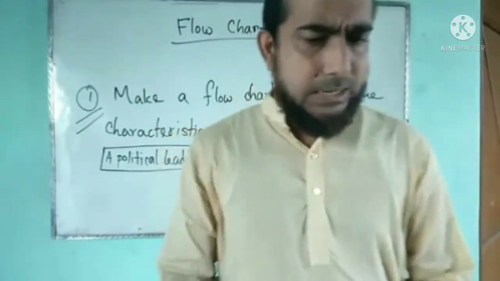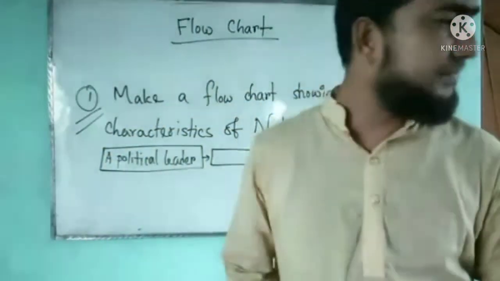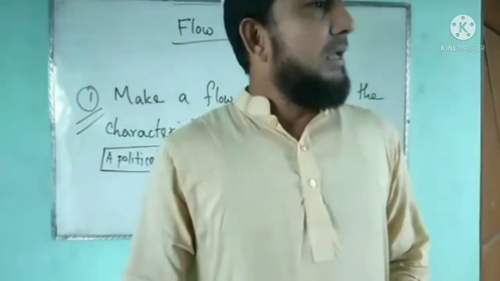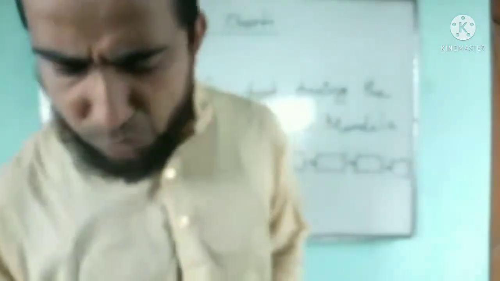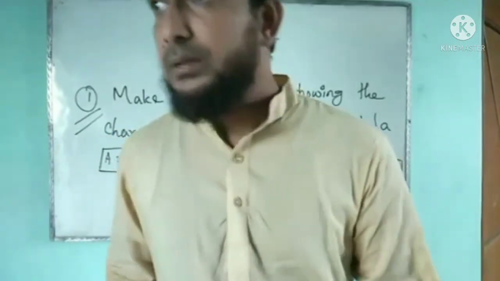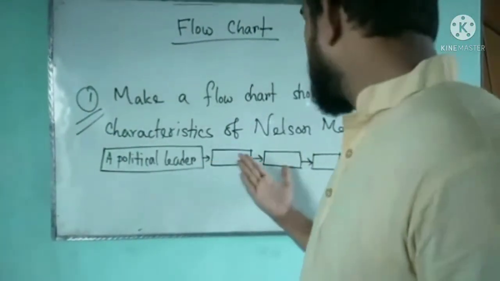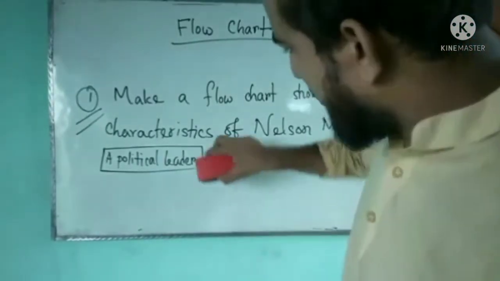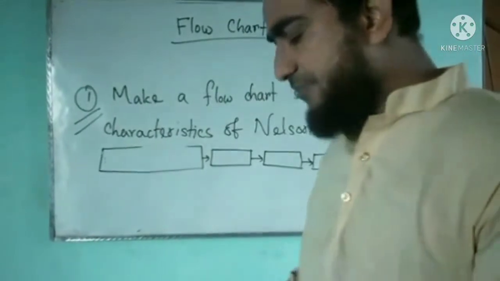Let me give some examples here. Omitting structure. In the same flowchart, we can just omit the subject from every sentence.